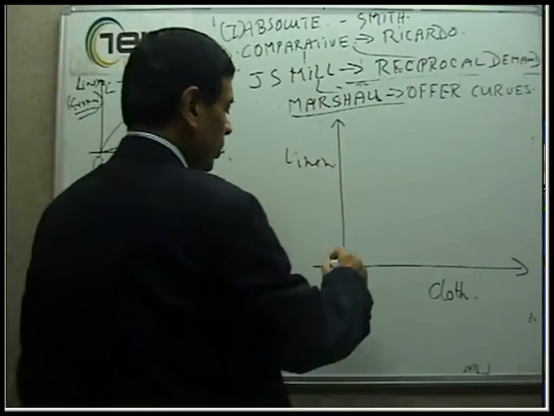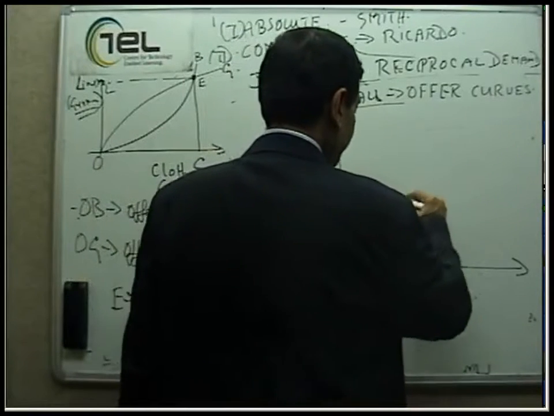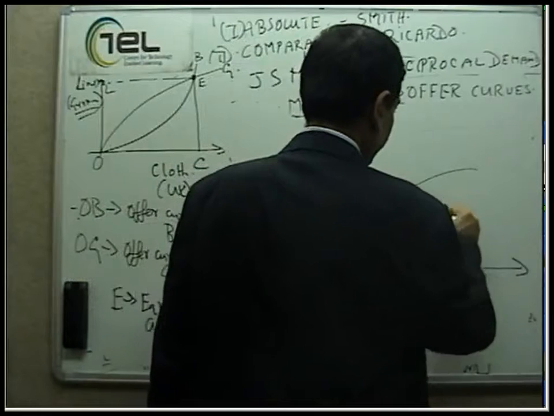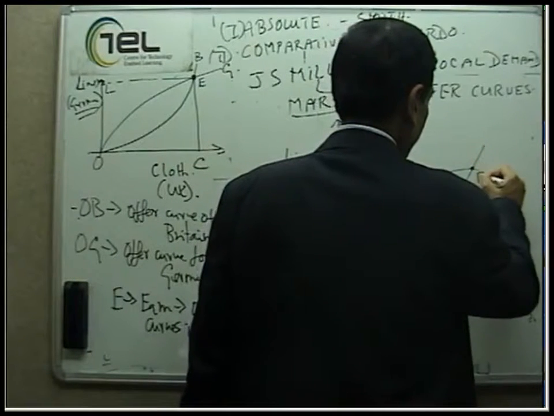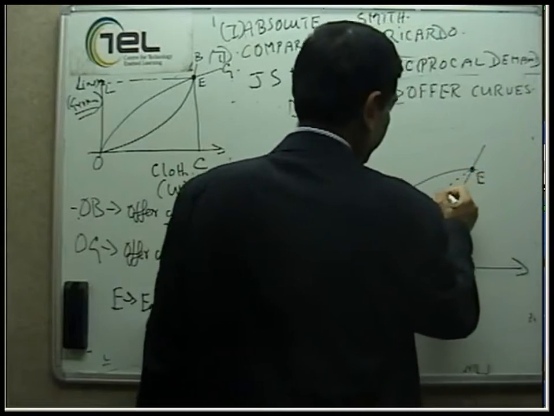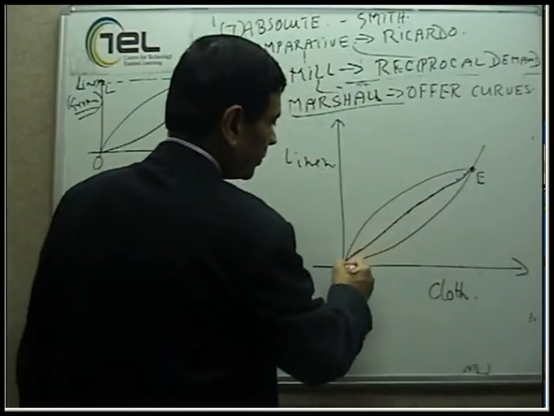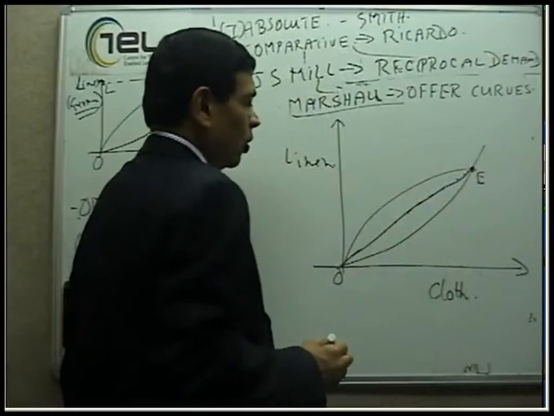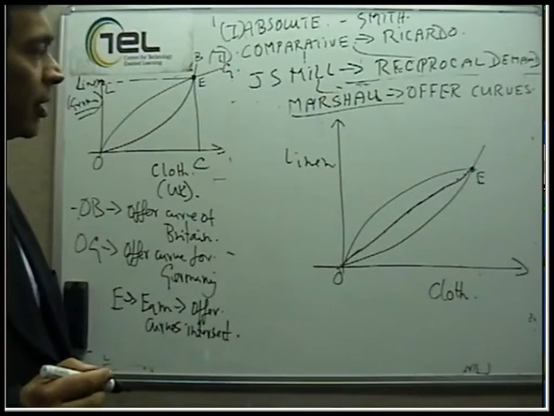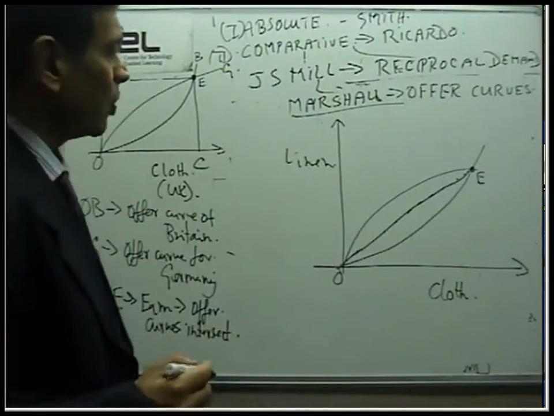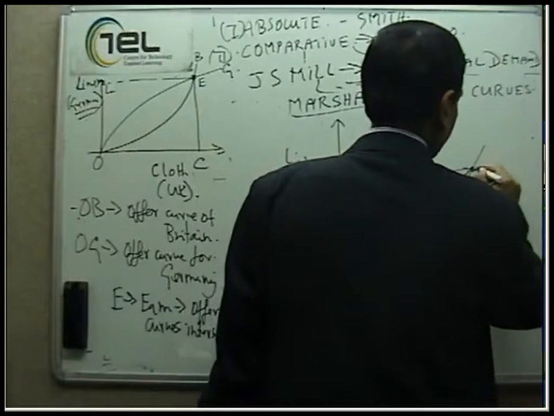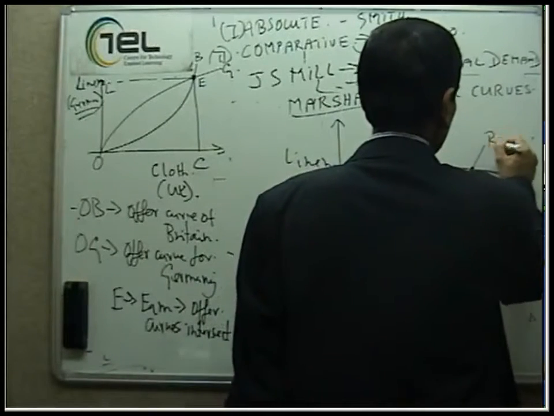Given the offer curves like this, the equilibrium, as I've already discussed, is at point E, where the offer curves intersect. So this is the terms of trade. You join this. Let's call this OE. OE is the equilibrium terms of trade by which trade takes place across the two countries, and you have your offer curves OG and OB.